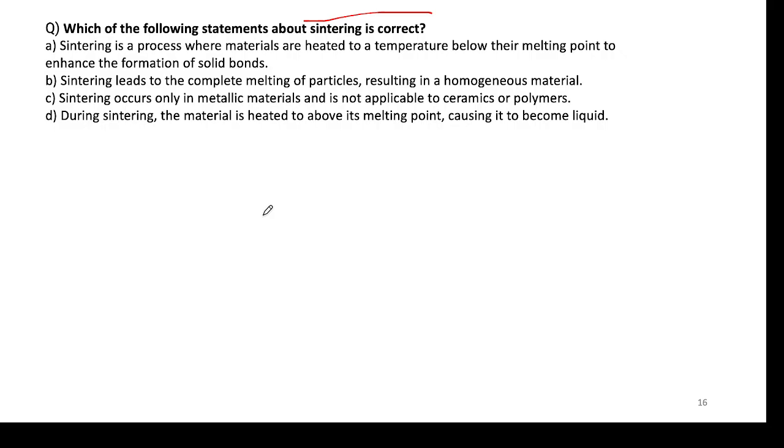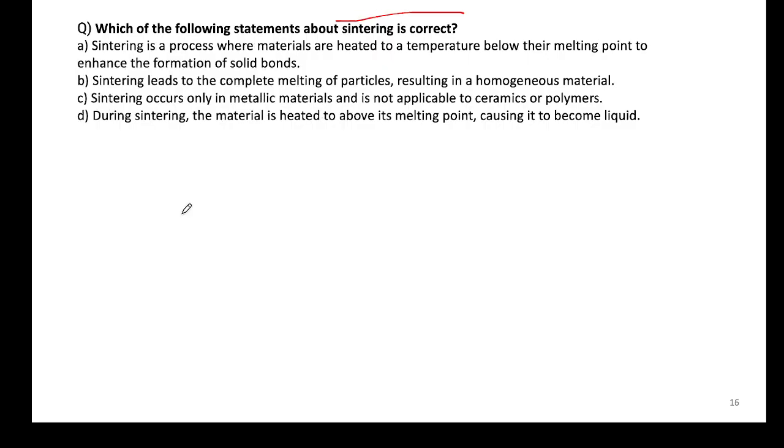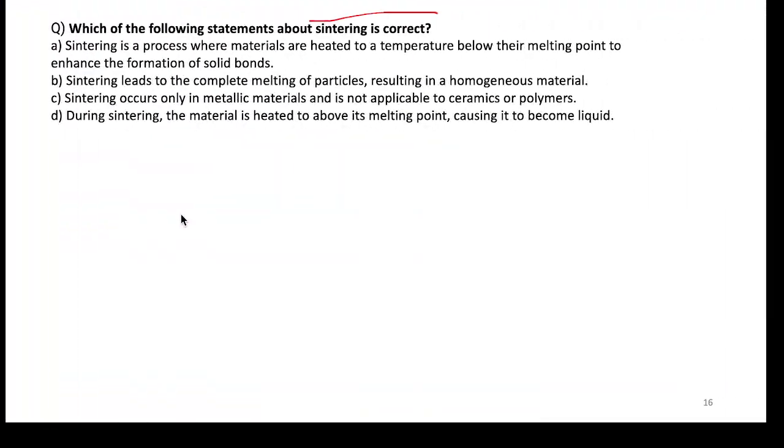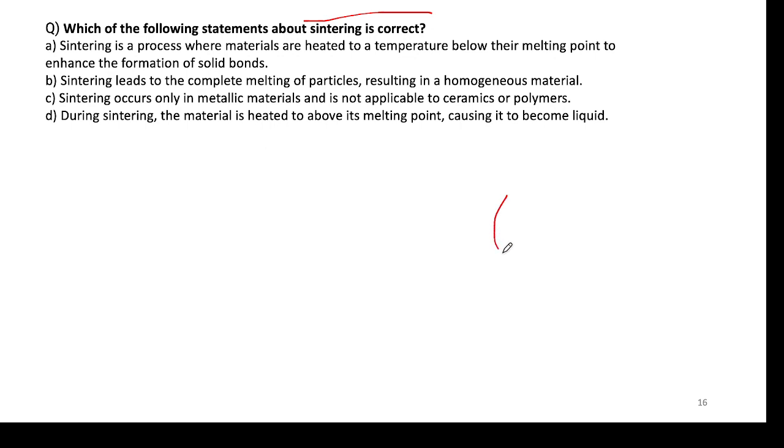Sintering leads to complete melting of material, resulting in a homogeneous material. Sintering occurs only in metallic material and is not applicable for ceramics and polymers. During sintering, the material is heated above the melting point, causing it to become liquid. Okay, try to answer this. Sintering, I will explain it to you. When we have two materials A and B, and we want to make a joint between them, then we heat them at a particular temperature.